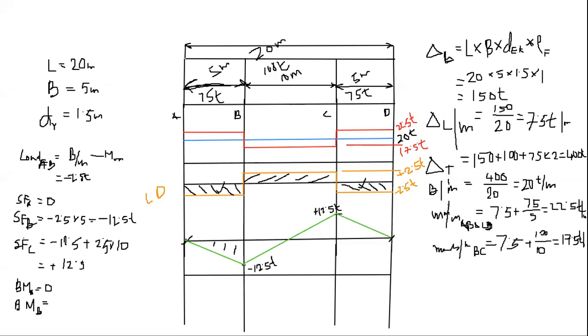It will be minus 12.5 multiplied by 5 divided by 2. So that is the area of this triangle. In this case, how much will it be? You'll get a value of minus 31.25.